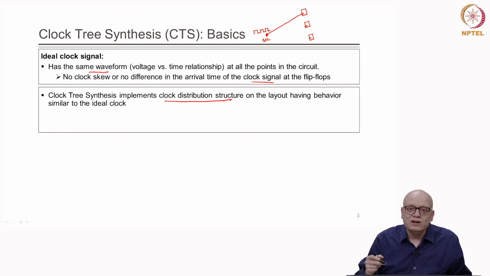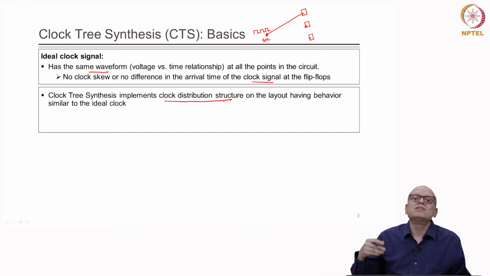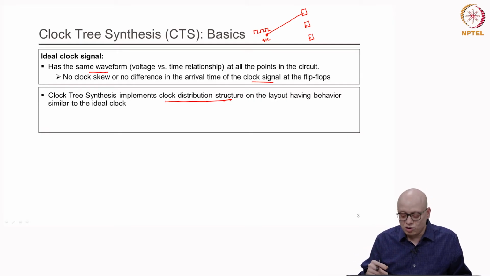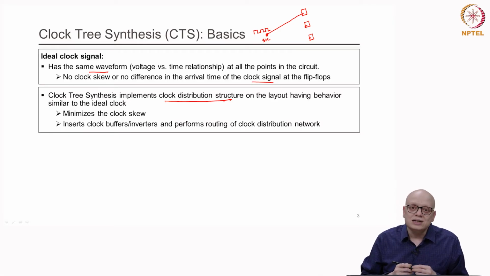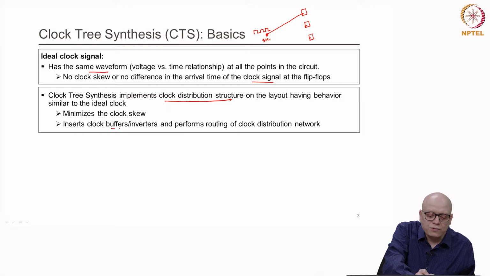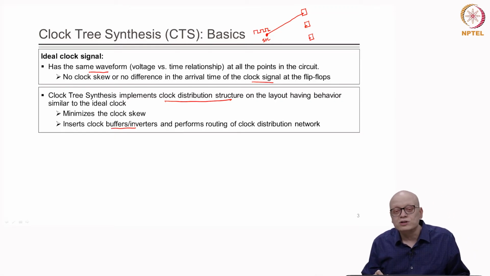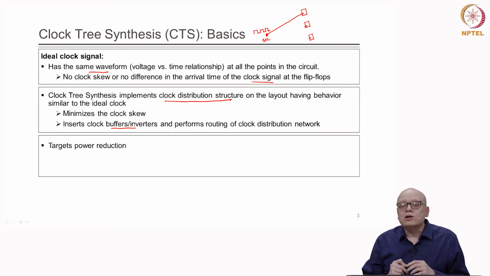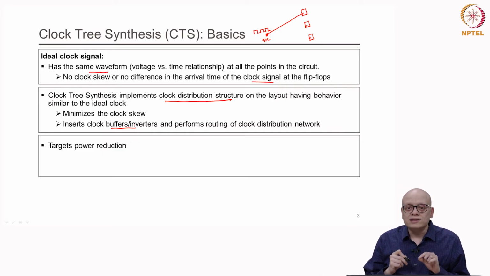It can never achieve full ideality, but it tries to achieve zero skew, or something similar to an ideal clock. So, it minimizes the clock skew and it inserts clock buffers, inverters and performs routing of the clock distribution network.